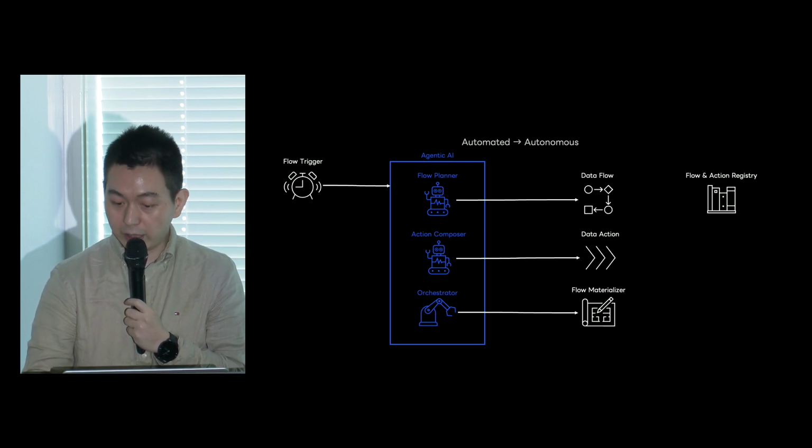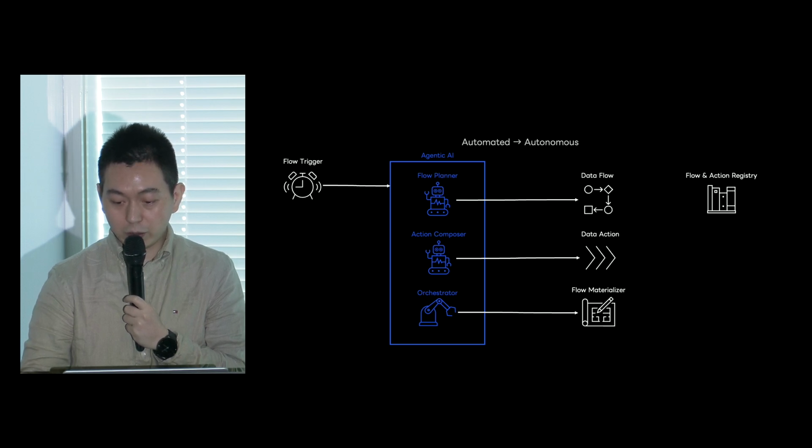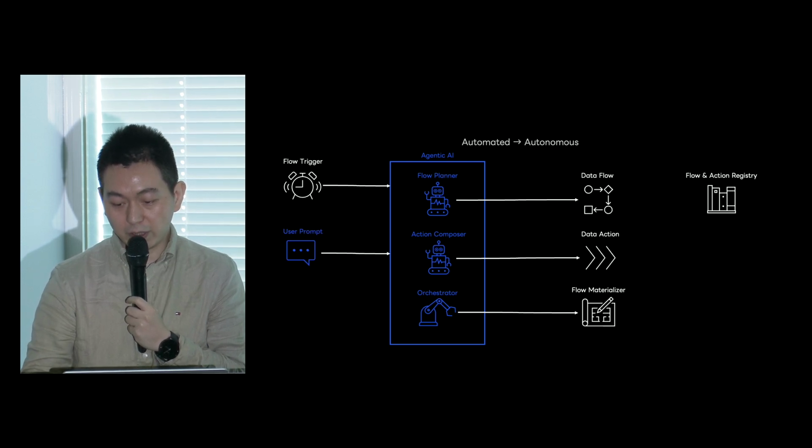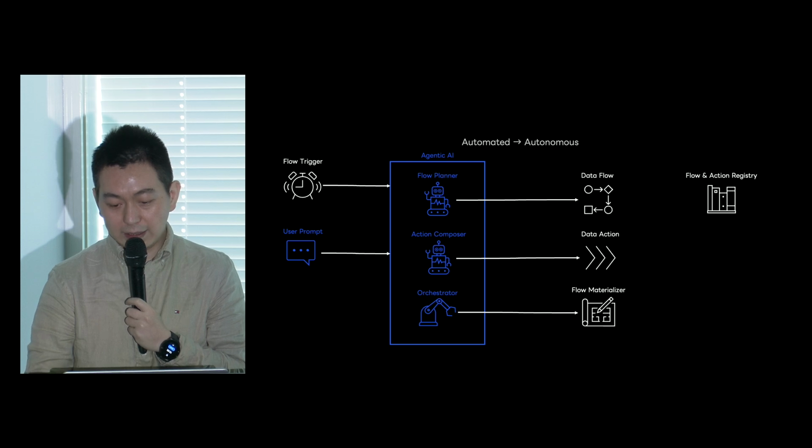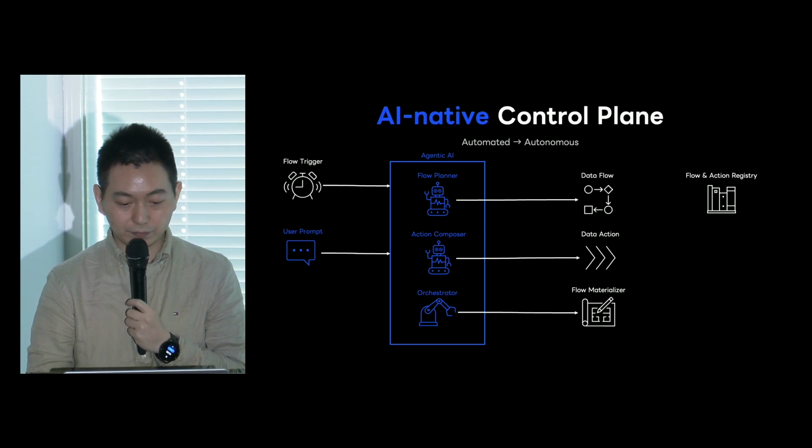When a new data flow is created and registered, the Orchestrator agent is instructed to call the flow materializer and execute it using the corresponding runtime. So with this agentic AI, we can also create data flows with user prompts using natural language. We call it the AI native control plane of Streamhouse.